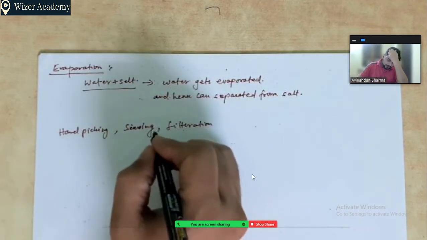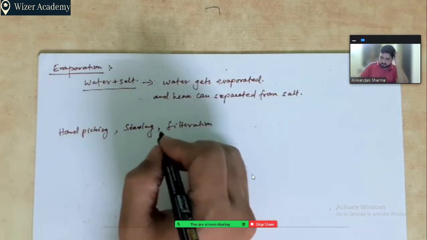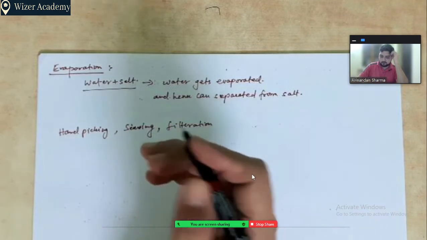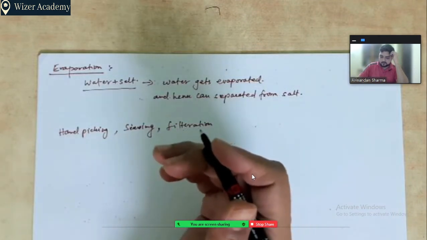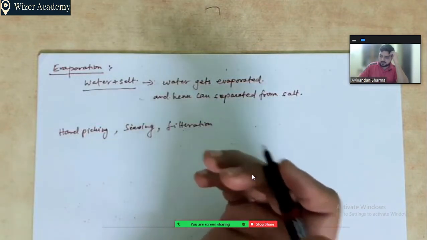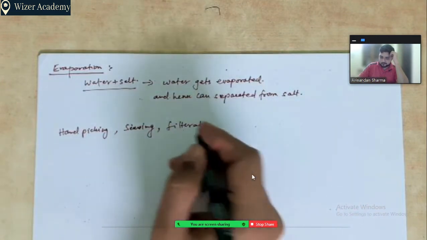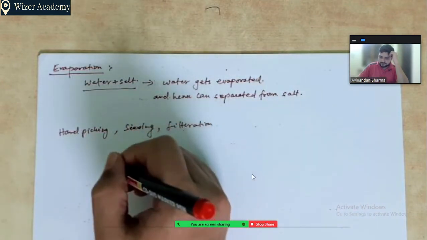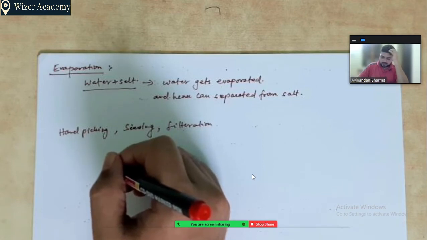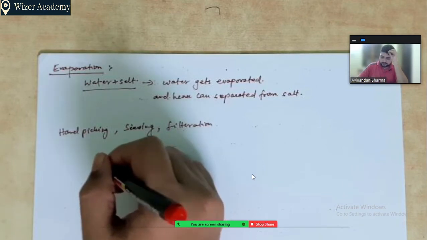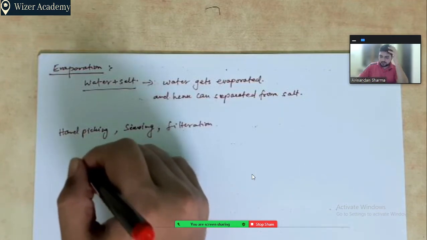These are the different physical methods by which we separate the components of heterogeneous mixtures in our day-to-day life. So let us see by activity how we can do it. Okay, let us take different examples to understand.